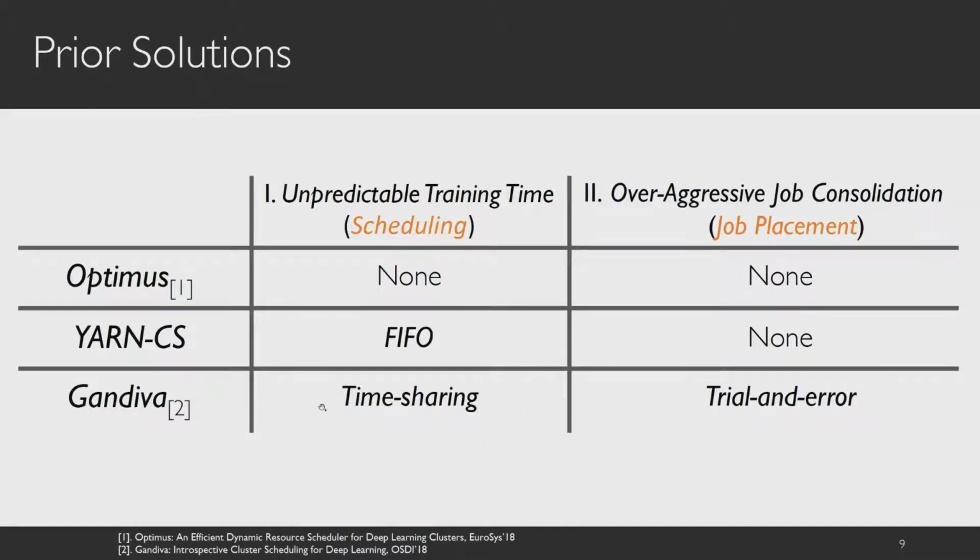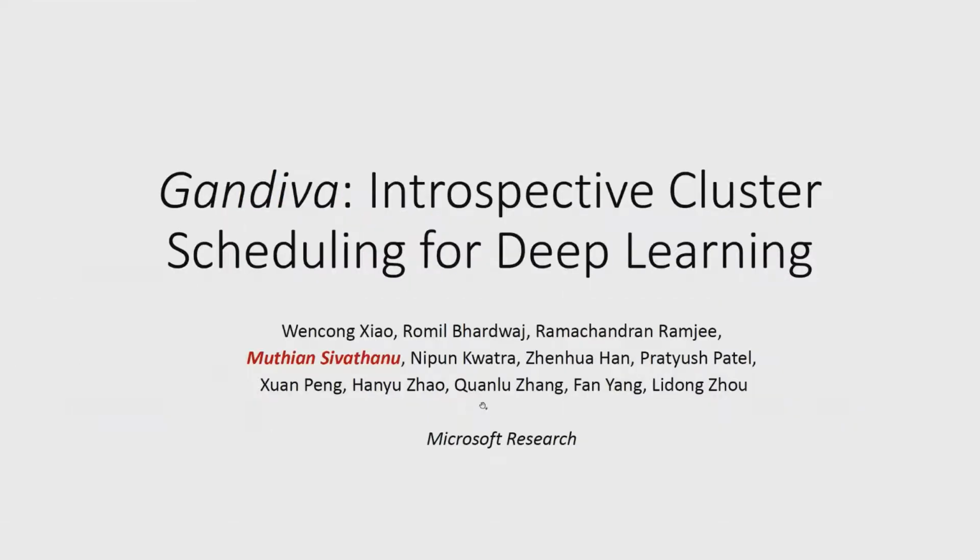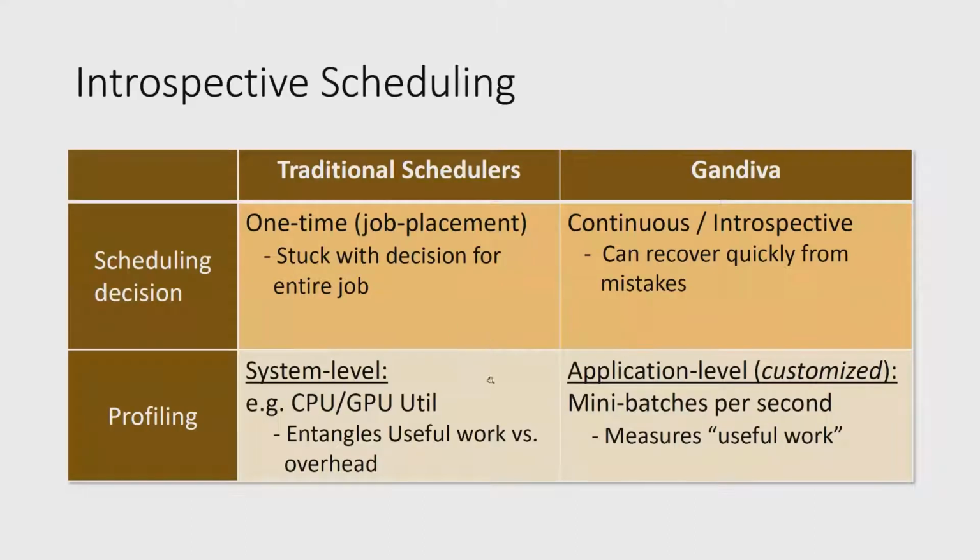So Gavel is almost the first paper to discuss this in the context of deep learning. What it does is use profiling and a time-sharing mechanism to schedule the jobs.